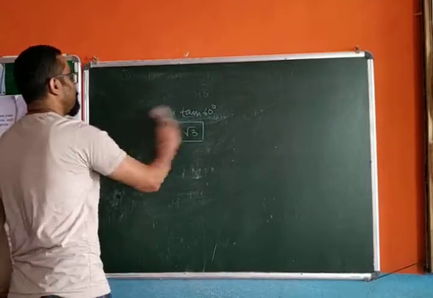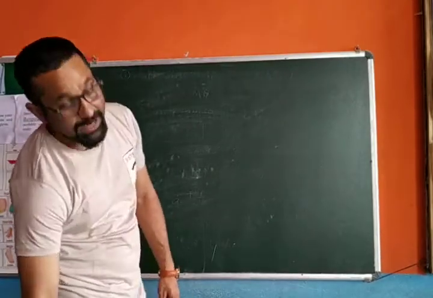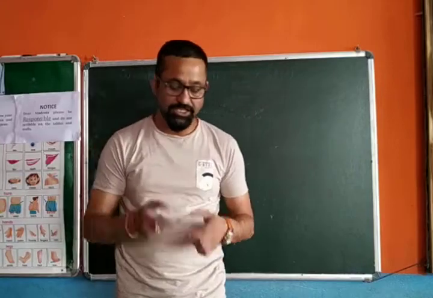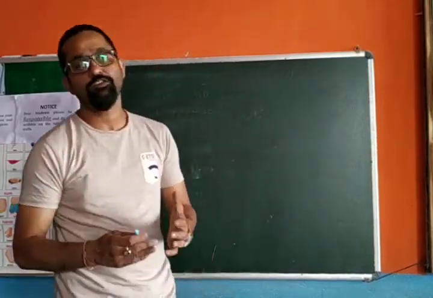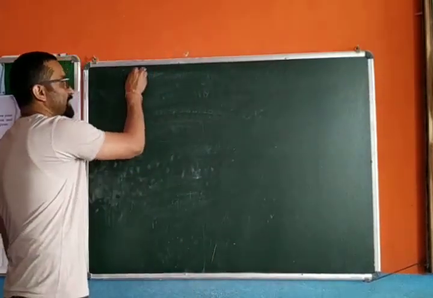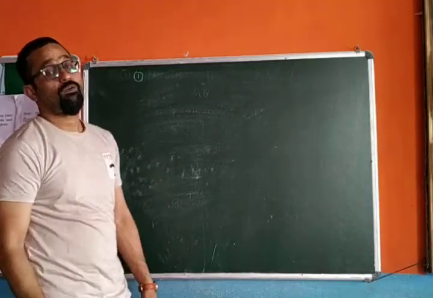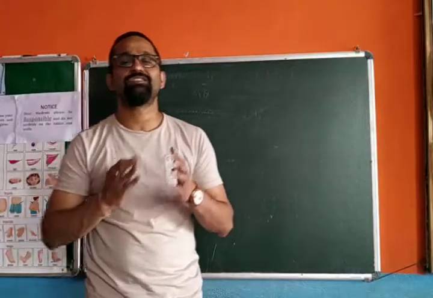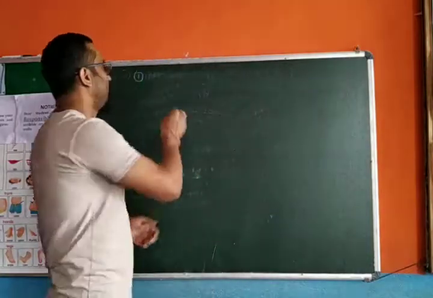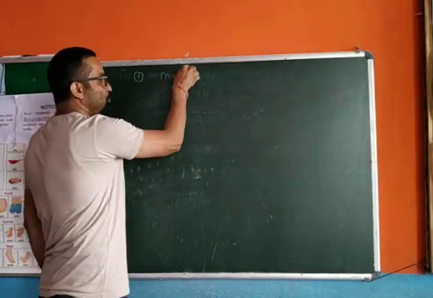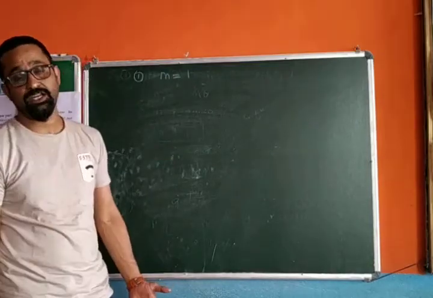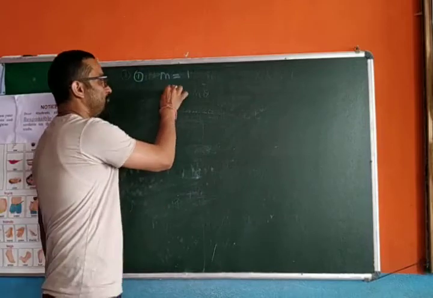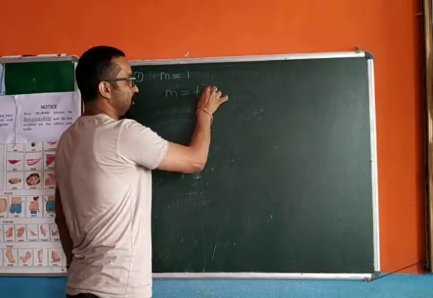Question number 2 says find the inclination of the line whose gradient is given. Suppose the gradient is 1. And I told you gradient means the slope of the line. So m is equal to 1. We know the gradient. We have to find the inclination. m is equal to tan theta.